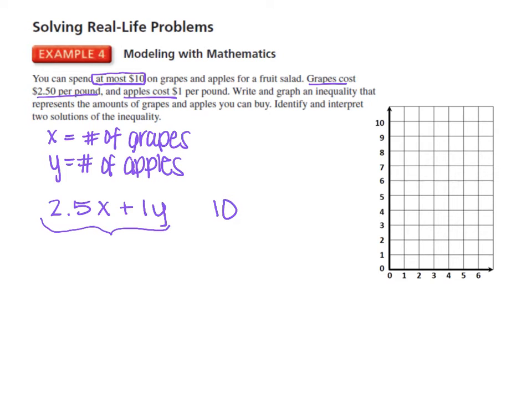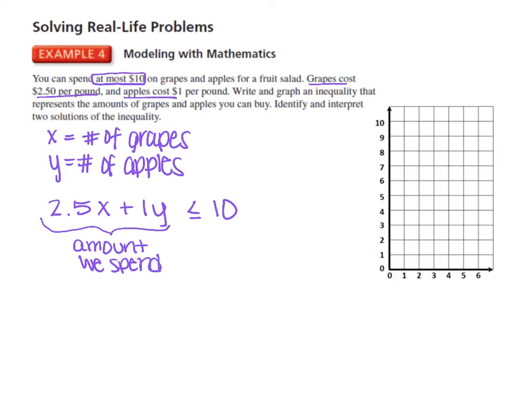The amount I spend should be less than $10. Could it be exactly $10 and still I would be spending at most $10? Yeah, so it could be less than or equal to $10, right?